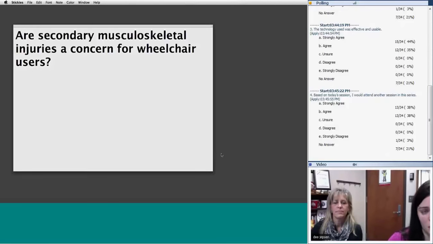So that's a huge implication, whether it be for manual or power chair users, because I've also seen a lot of power chair users with things like arthritis develop some abnormalities from operating things such as a joystick constantly. So those definitely are a lot of implications that you need to think about with any type of chair, whether it be manual or power.